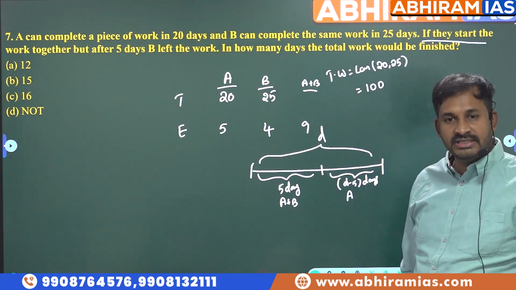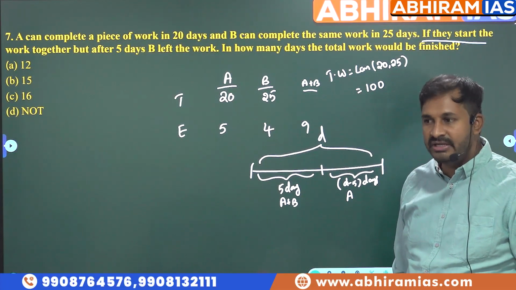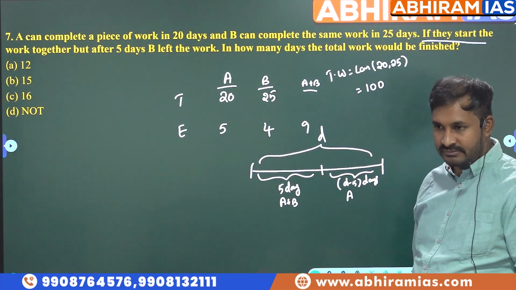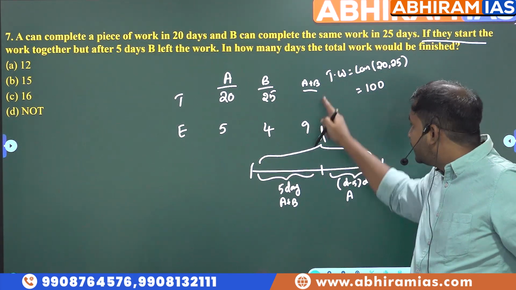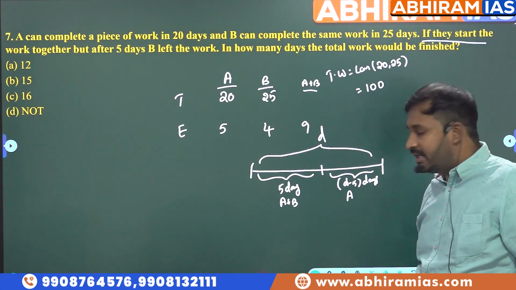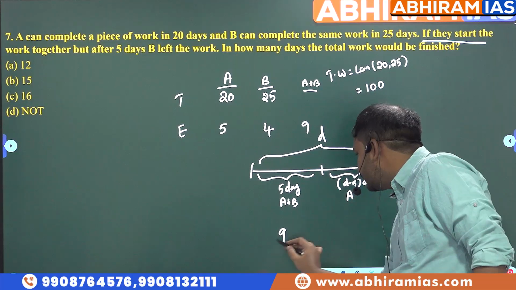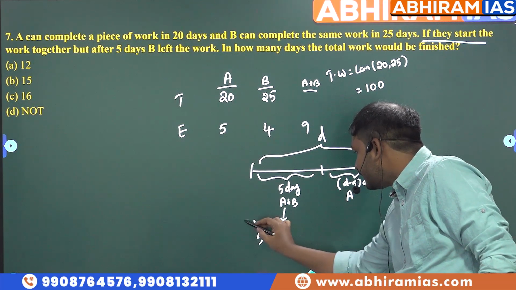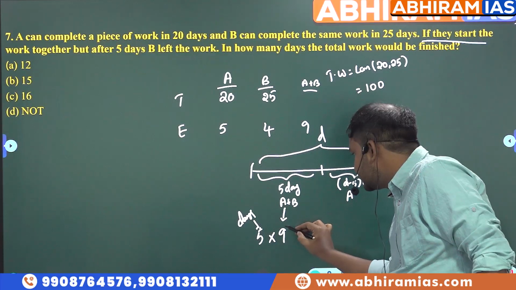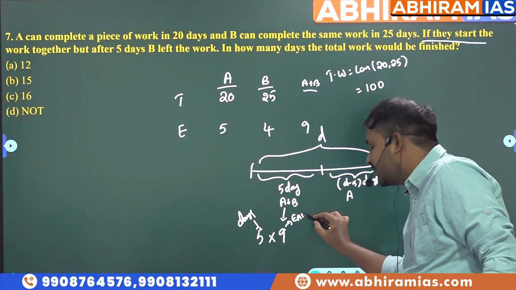That means in one day A and B together can do 9 work. They worked for how many days? 5 days. So, 5 into 9. These are days and this is the combined efficiency of A and B.